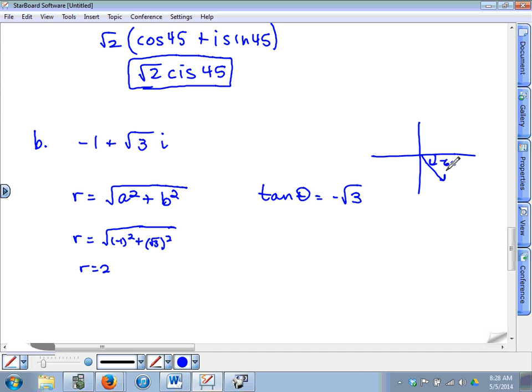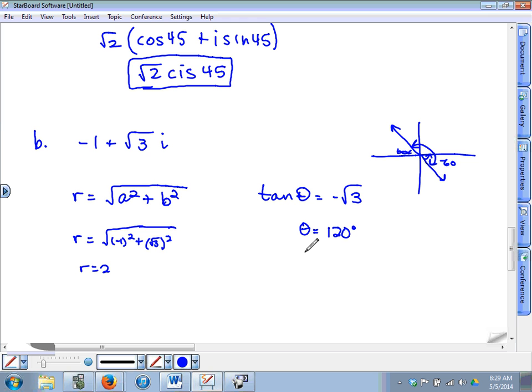Reference angles are always less than 90. They're always positive as well. So I know this angle is negative 60. That's the angle, but the reference angle here would be going this way. So the reference angle is 60 degrees. Does that make sense? So if we think about some angle here in the second quadrant, it has to be 120 degrees because that has the same reference angle of 60 degrees. So the angle we want is 120 degrees.